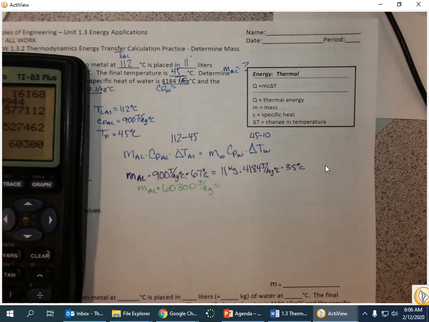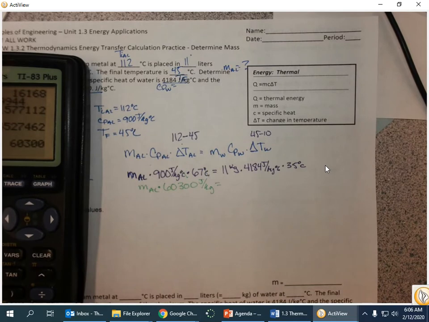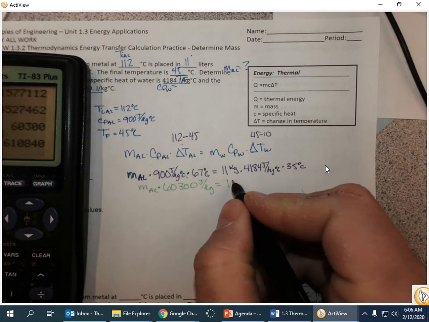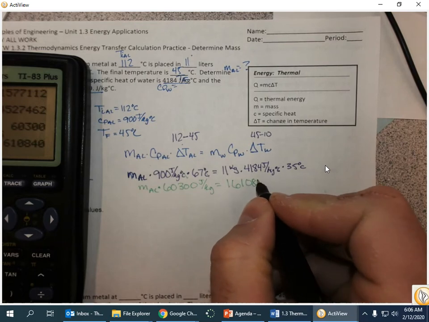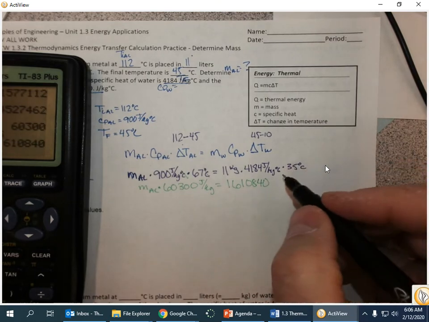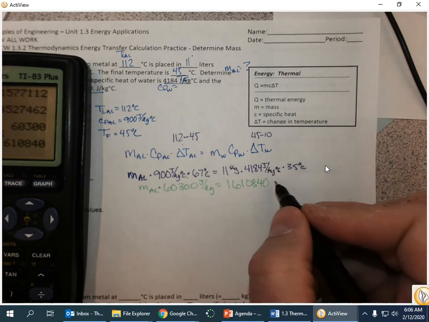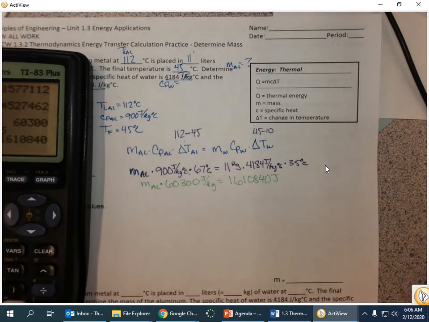And then I'm going to do 11 times 4184 times 35, which gives me 1,610,840. And the degrees Celsius cancel, the kilograms cancel, so that is joules.